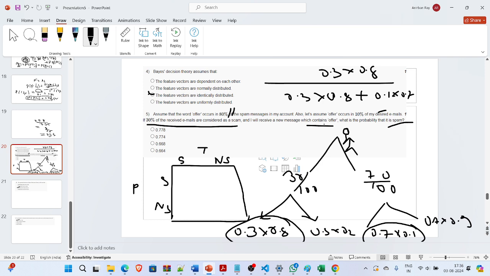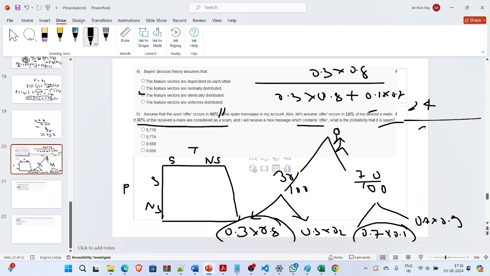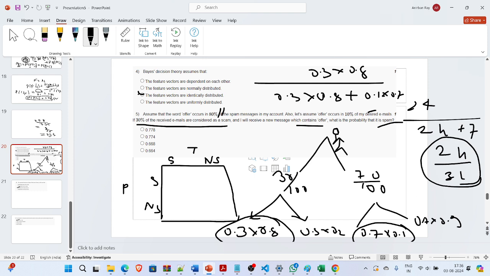If you divide, what you get is 24 by 24 plus 7, 24 by 31. This is the answer. Any problem? This is Bayes theorem. We solve with a tree diagram because you have to think less and you can do it quicker.